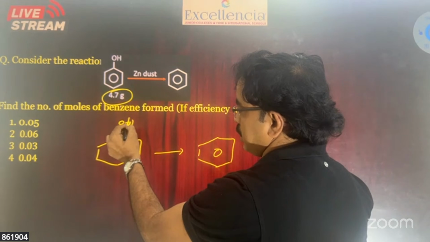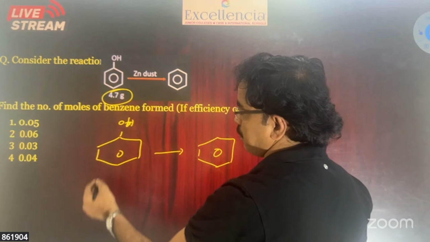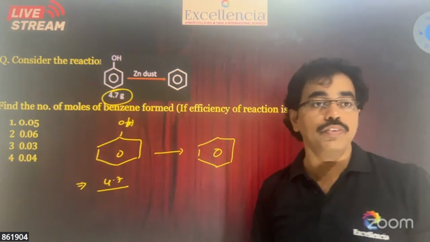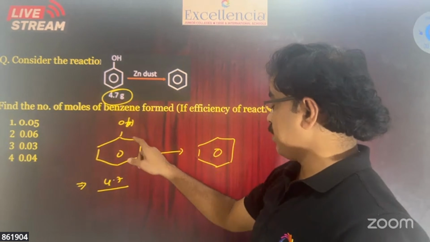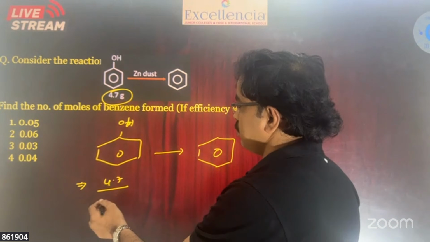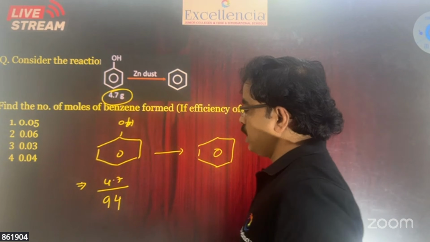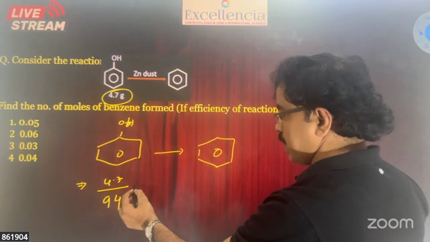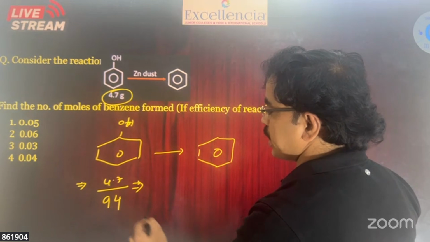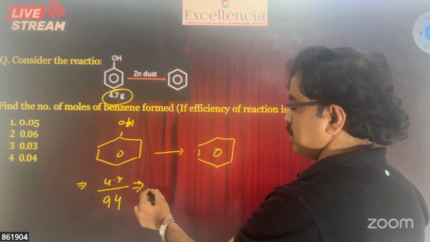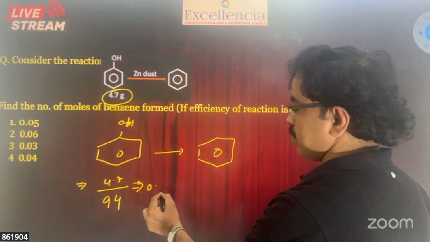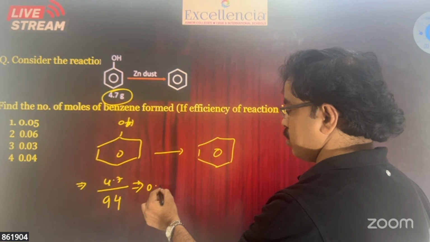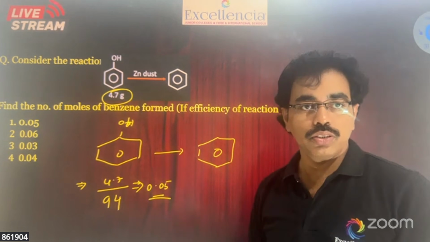The molecular weight lets us directly find the moles. Moles of phenol is 4.7 divided by the molecular weight of phenol, which is 78 plus 16, that is 94. Benzene is 1 mole actually. So 4.7 by 94 is 47 by 94, that is 1 by 2, which means 0.05 moles.